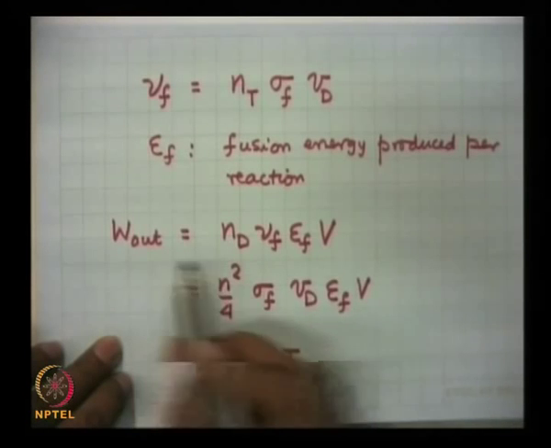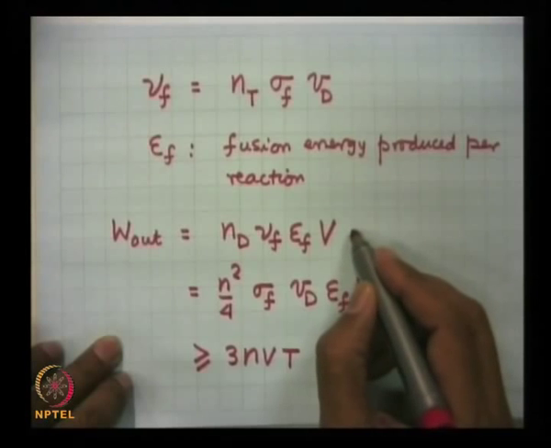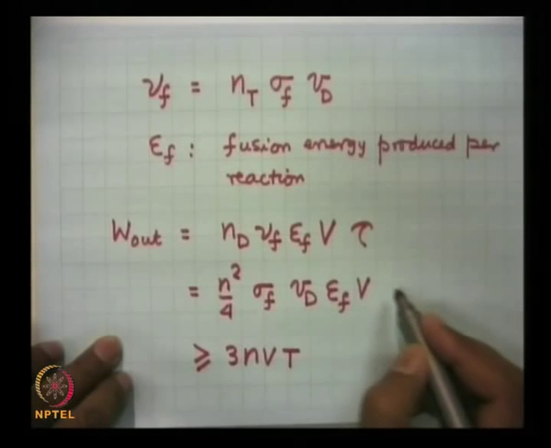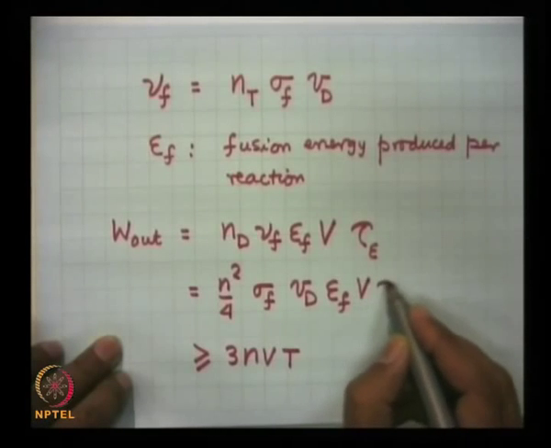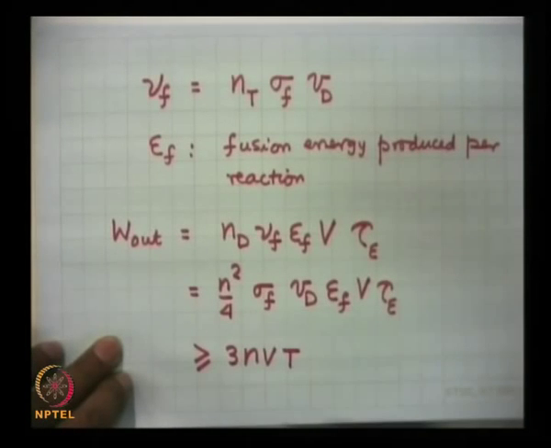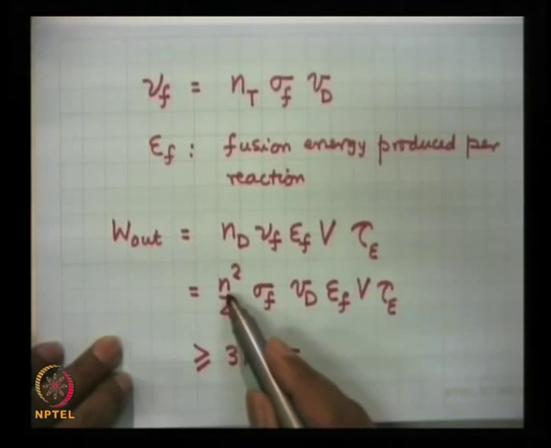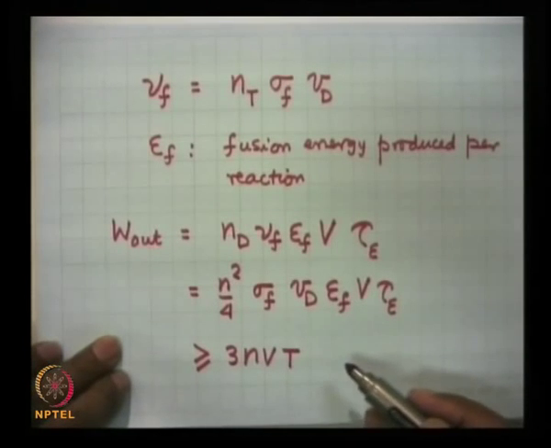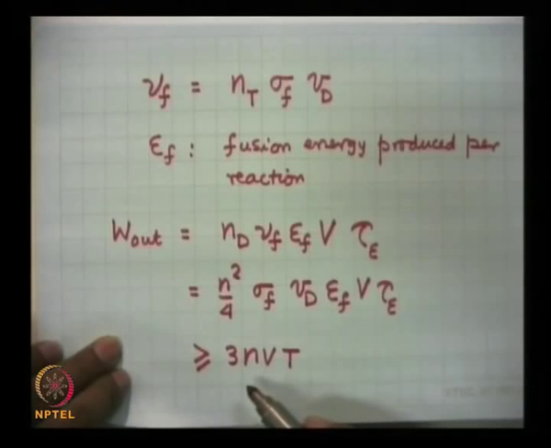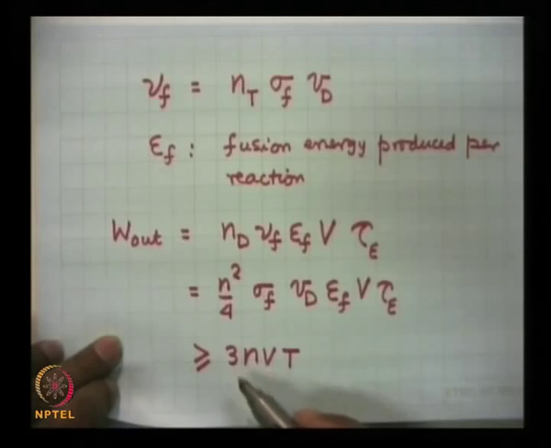This W out is the amount of energy produced per second. If the confinement time of the system is tau, the energy confinement time, I may call it tau E, then I must multiply tau here also. So this gives me, one n will cancel out, a product of density of electrons into energy confinement time of the plasma. This should satisfy a certain inequality. And if I take the equal sign here, then this is called the Lawson criterion.